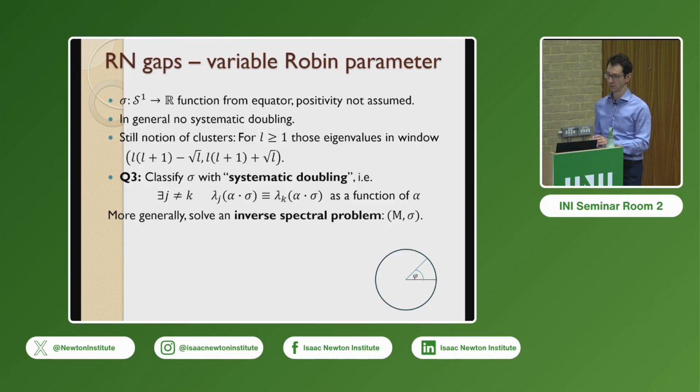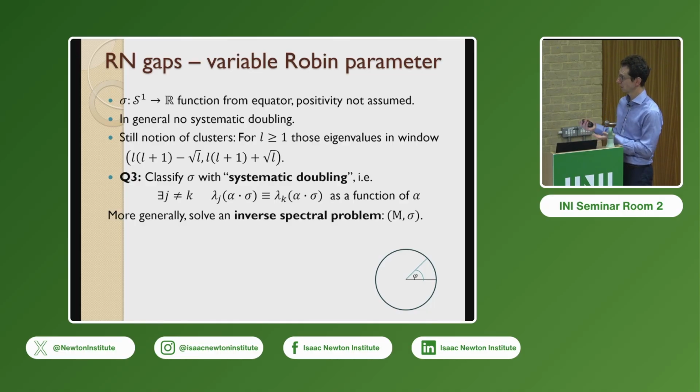Now sigma is a fixed function, and we are going to multiply it by alpha, and now the variable is alpha. Let's assume there are two different indexes j and k, so that as functions of alpha, the corresponding energies indexed at j and k are equal. What does it say about sigma? Does it imply that sigma is a constant?